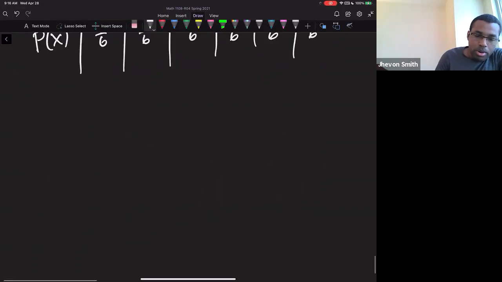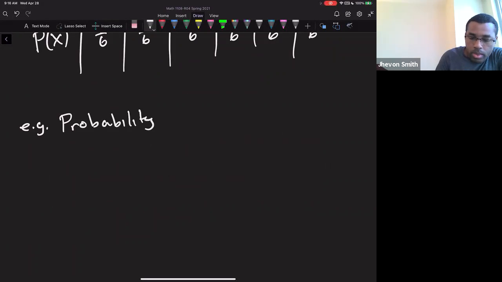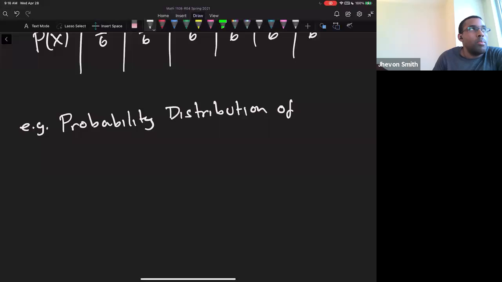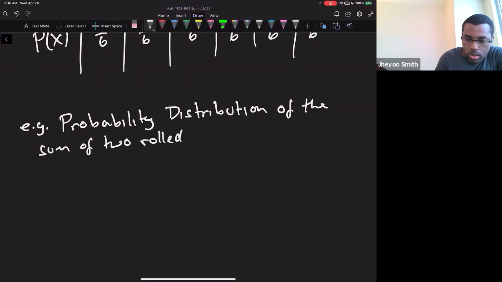I'm just going back over some problems that we've looked at before and having you reinterpret them in terms of probability distributions. Here's something else we had: the probability distribution of the sum of two rolled six-sided dice.